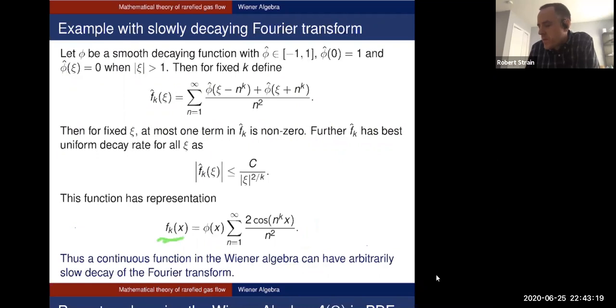So this function is continuous and nowhere differentiable. It is a continuous function in the Wiener algebra that can have arbitrarily slow decay of the Fourier transform. And so you see this space contains functions with very low regularity.